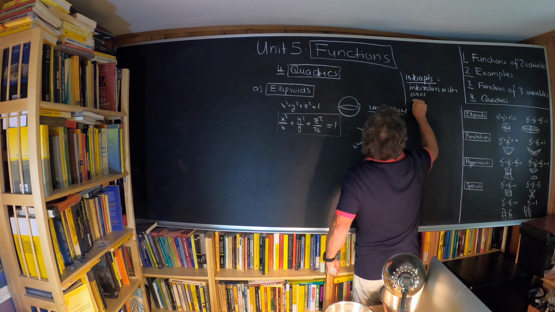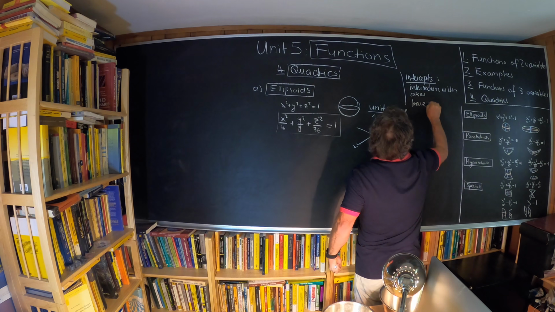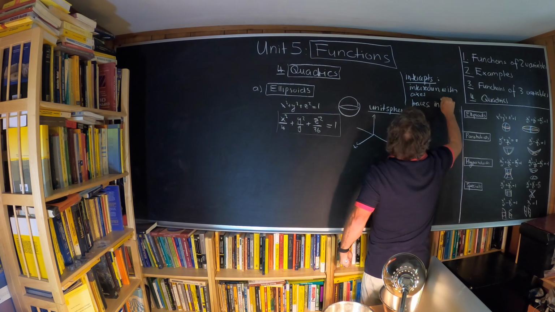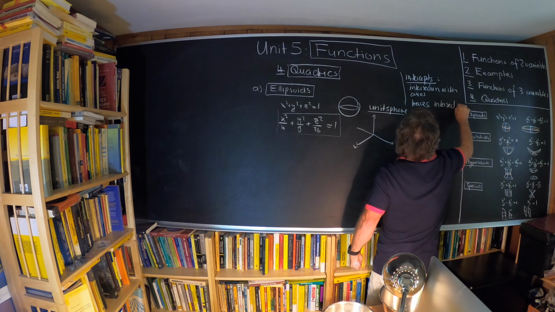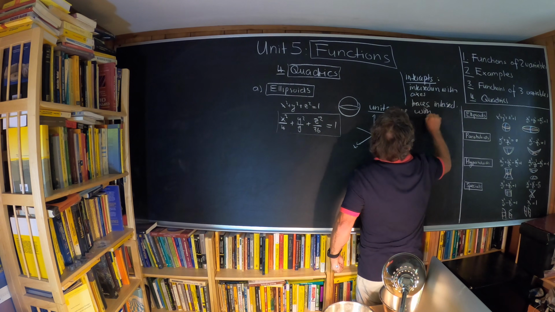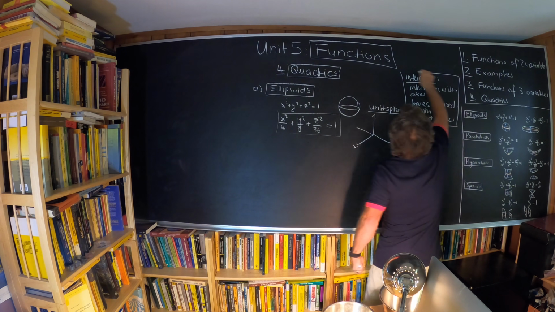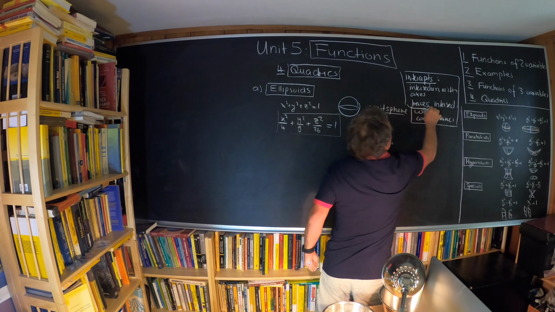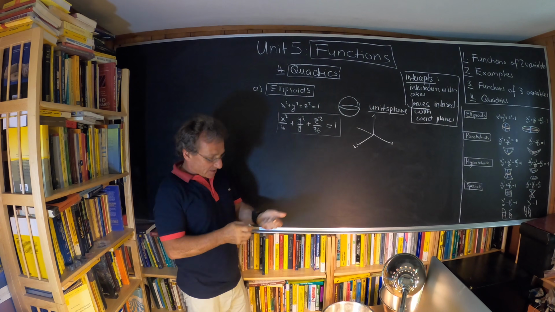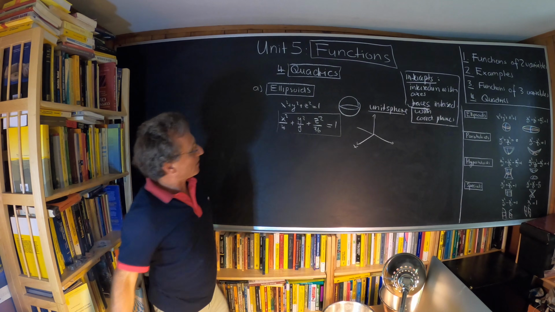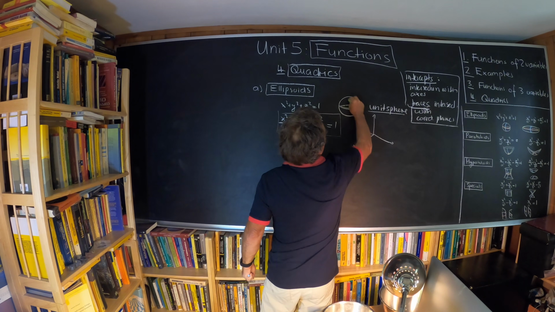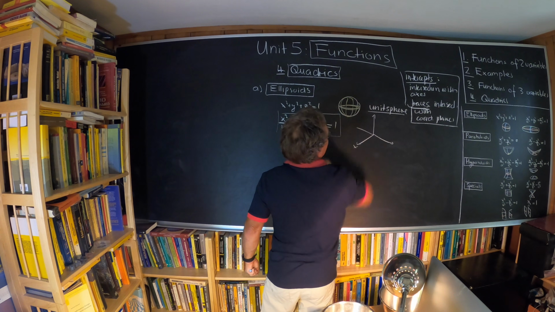And then we have also the traces, the intersection with coordinate planes. So these are two very important things. In this case, the traces were just circles here, going around.